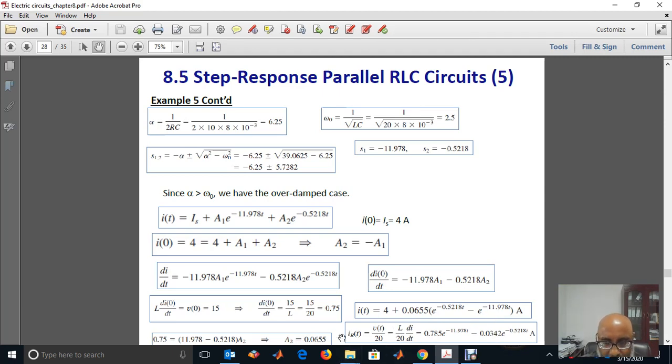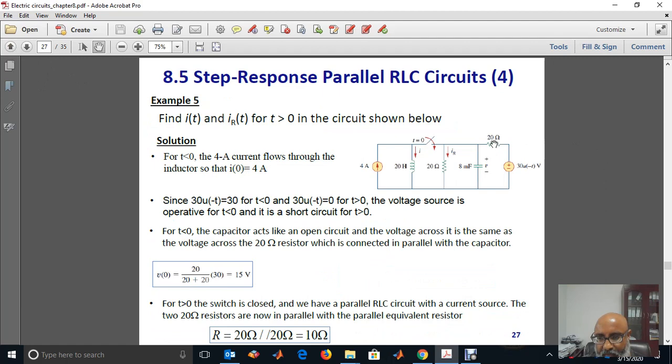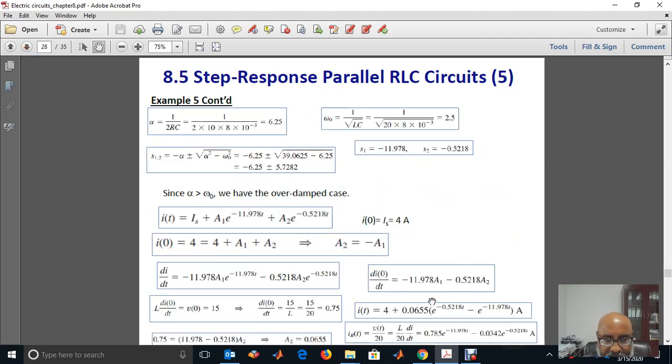Now, what is IR of t? The current through the resistor. It is the voltage across divided by 20, and the voltage across the 20 ohm resistor is the same as the voltage across the capacitor. So we take the voltage across the capacitor.